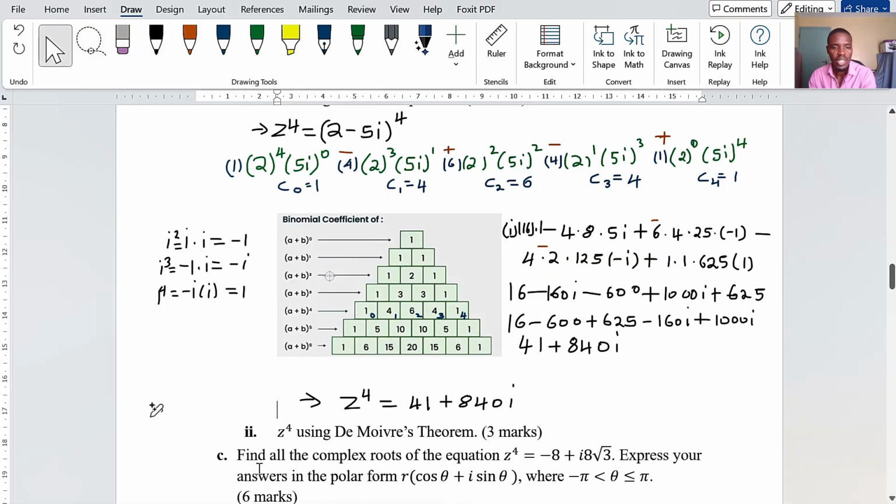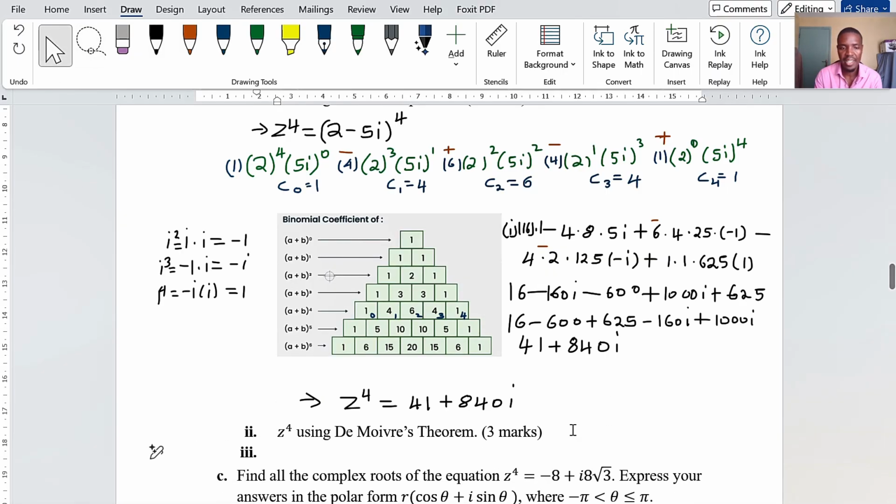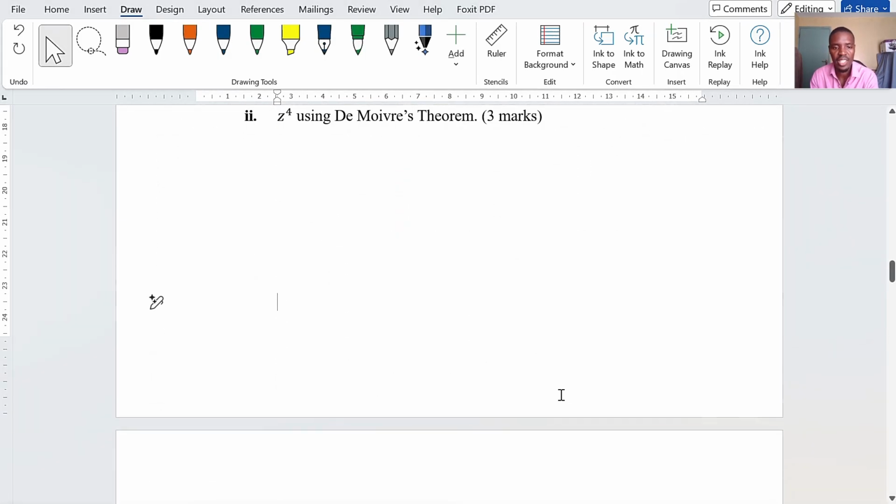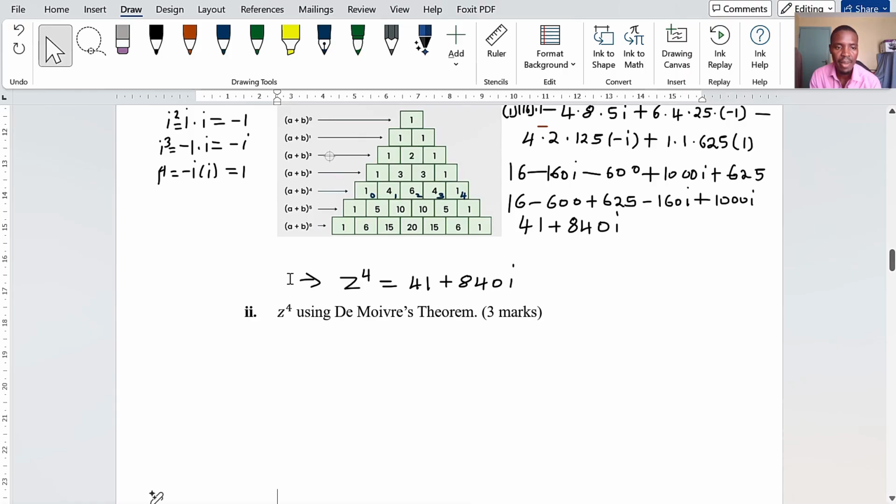So that was really some job done there with the binomial expansion. It is not that easy. So let's find the same, but now with De Moivre's theorem.